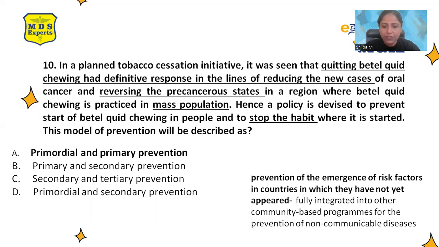Prevention of emergence of risk factors in countries where they've not appeared, where it is fully integrated into the community-based programs for prevention of non-communicable diseases. Also, please note this is all in the pre-pathogenesis phase of the disease, whereas secondary prevention is in the early pathogenesis and tertiary prevention is in the late pathogenesis phase of the disease.